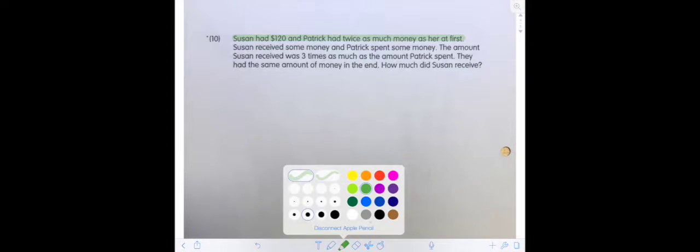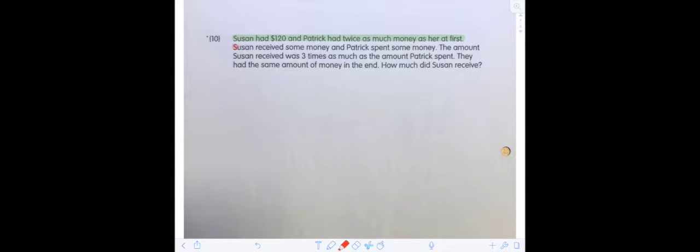Okay, now let's see, we can actually group these together, because they do the same thing. Okay, Susan received some money and Patrick spent some money.